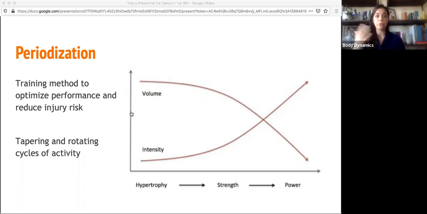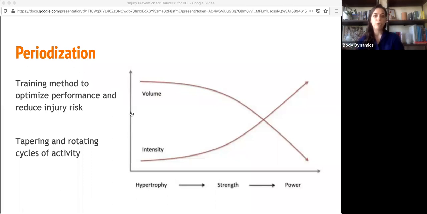So you're rotating through those cycles of rest, relative rest, and sort of varying intensities of your activity to help minimize fatigue.